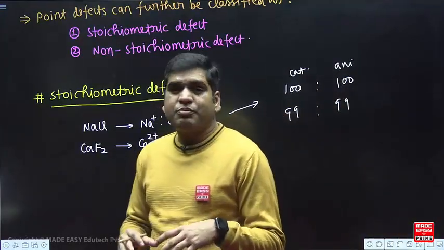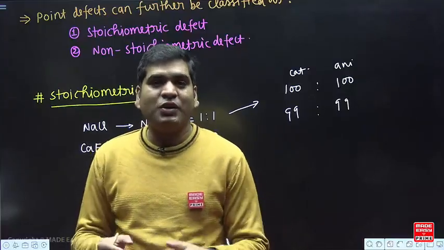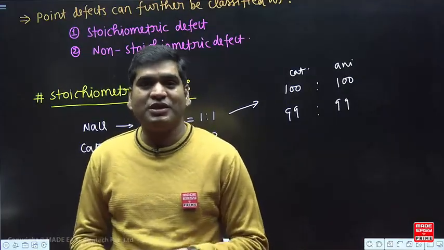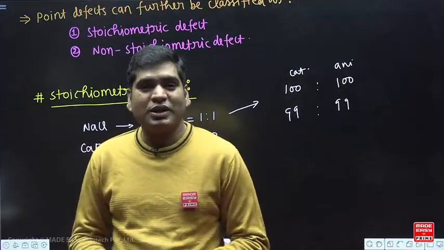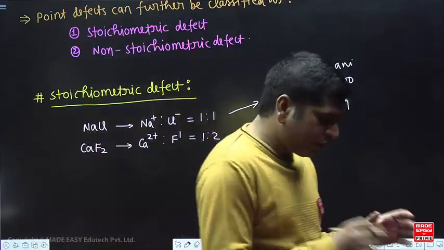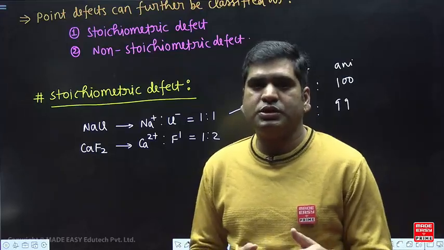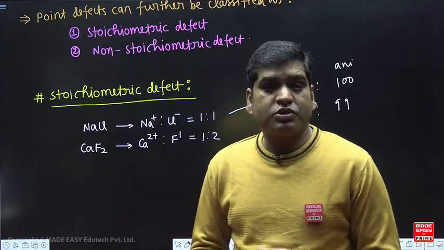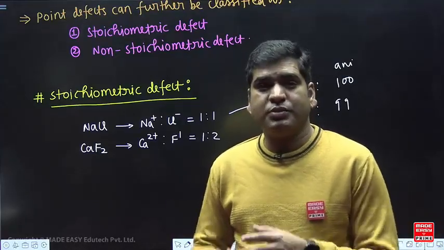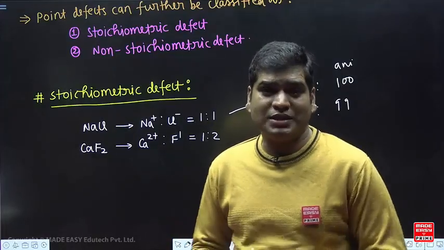Such kinds of defects where this ratio remains intact even after formation of the defect are known as stoichiometric defects. One more thing to keep in mind: no matter what kind of defect is formed, the crystal must be electrically neutral, because if it is not neutral, it will not be stable. In the very beginning, I told you that for stability, neutrality is compulsory.